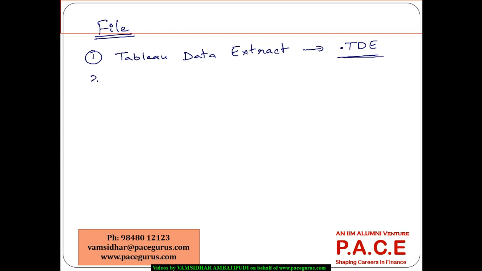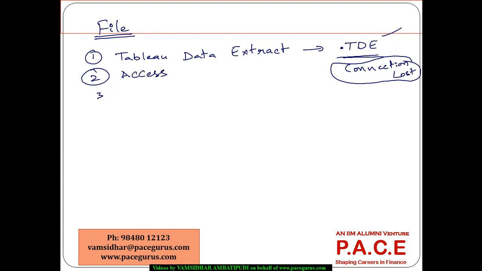From some original source the data is extracted and saved as a .tde file. Once it is extracted, the connection to the original is simply lost. The whole operation happens on that TDE extract, but the original data source is undisturbed.